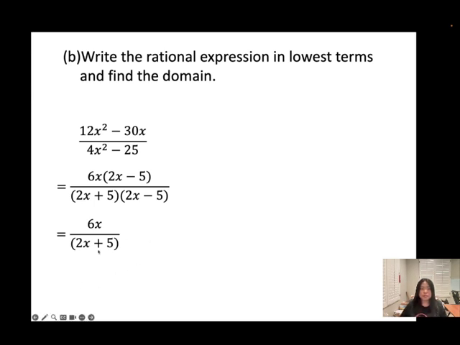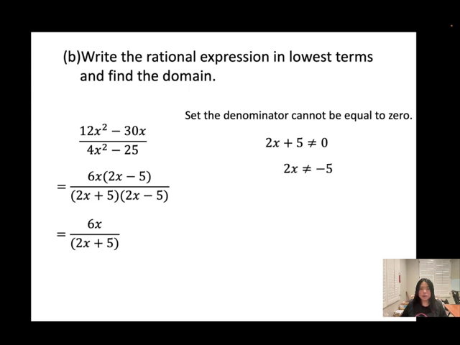So we set the denominator not equal to 0 and solve for x. Minus 5 on both sides, divided by 2 on both sides. So x cannot be equal to negative 5 over 2. Write it in set builder notation: x can be anything, just not equal to negative 5 over 2.